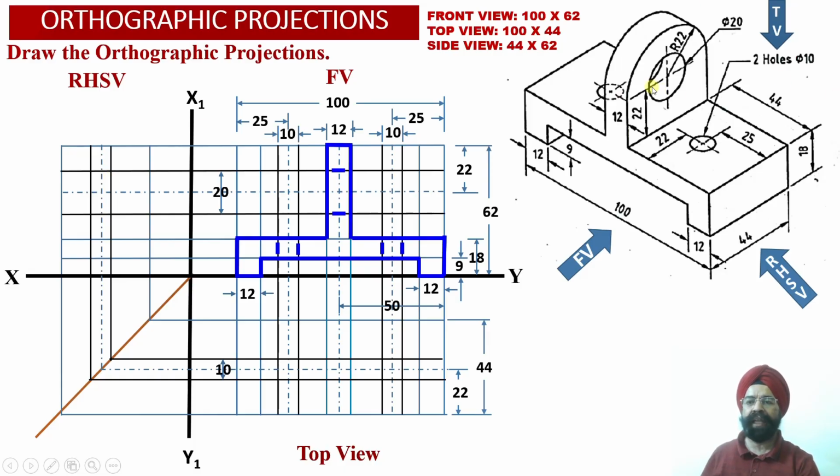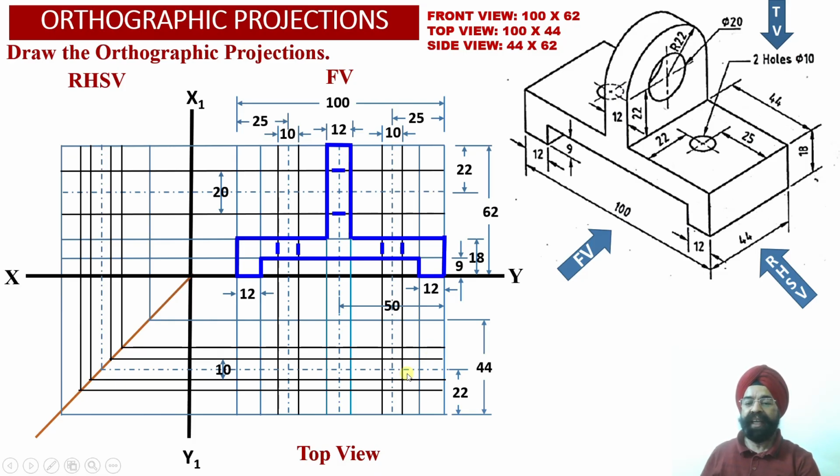Another thing we know that corresponding to this diameter which is measuring 20 millimeter over here, which is located centrally alongside the depth of the solid over here. So another set of two horizontal black projector lines have been obtained which are located at an offset distance of 10 millimeter above the center line and 10 millimeter below the center line, so that this diameter, one end will be this one, another end of the diameter will be this one.